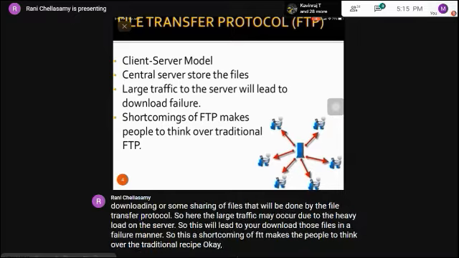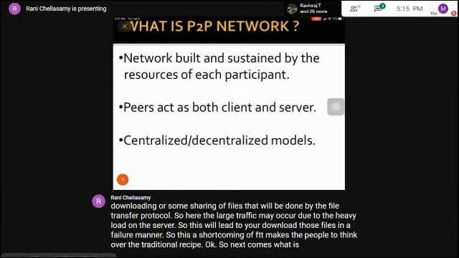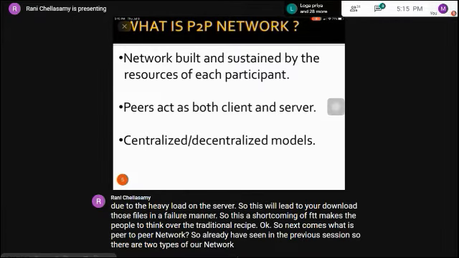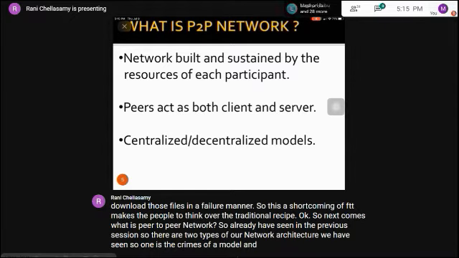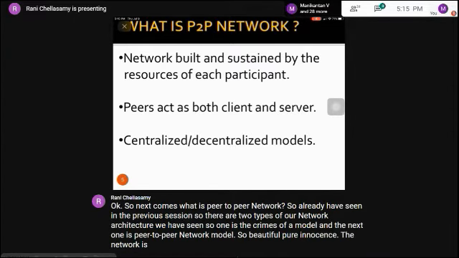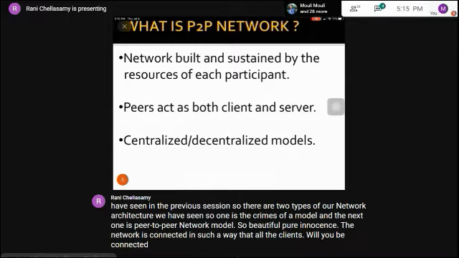Next comes what is a peer-to-peer network. We have already seen in the previous session that there are two types of network architecture: the client-server model and the peer-to-peer network model. In peer-to-peer, the network is connected in such a way that all the clients are connected and may share files or resources among themselves.